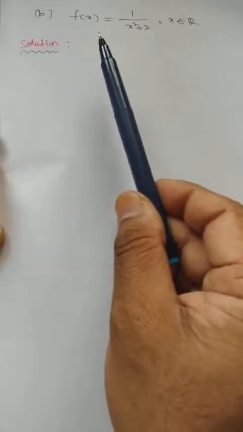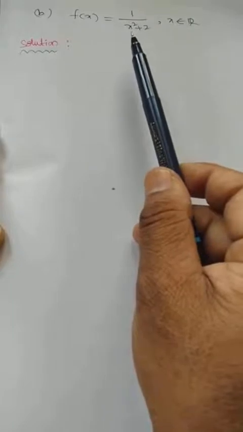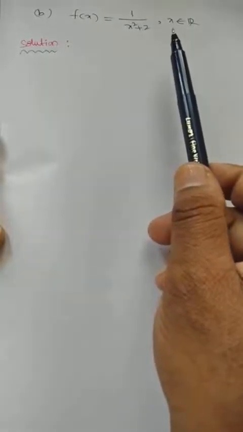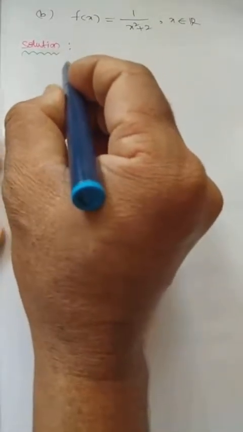Now the same problem for another function. Now the function is what? f of x is equal to 1 by x square plus 2, for all x belonging to R. Now let us check for this function.